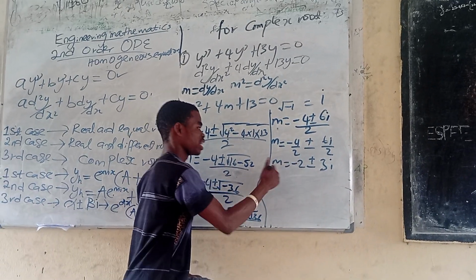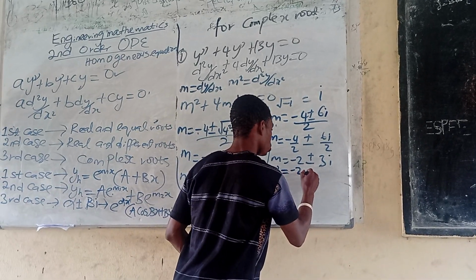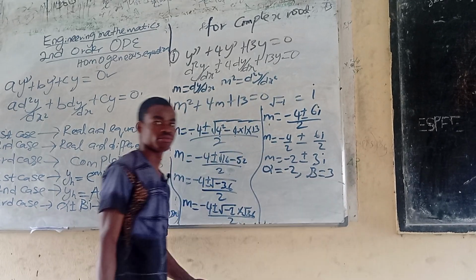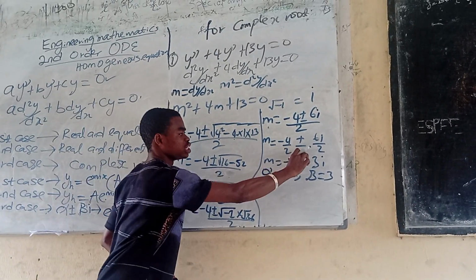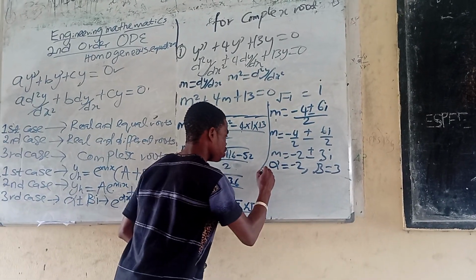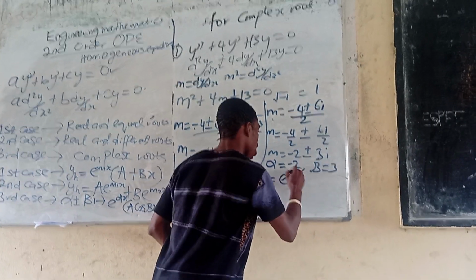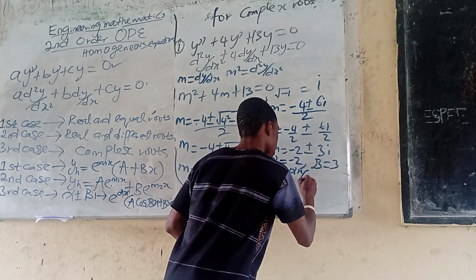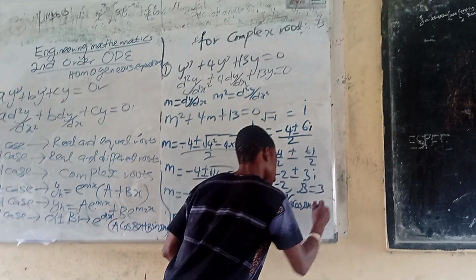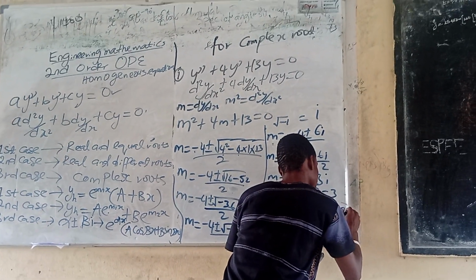So what's your alpha? Your alpha equals minus 2. What's your beta? Your beta is just 3. Now for the beta, we don't consider the sign. So the homogeneous equation is in the form exponential alpha x, bracket, a cos beta x plus b sine beta x.